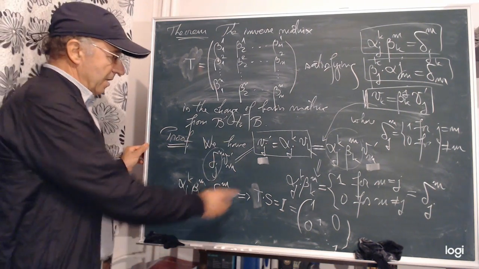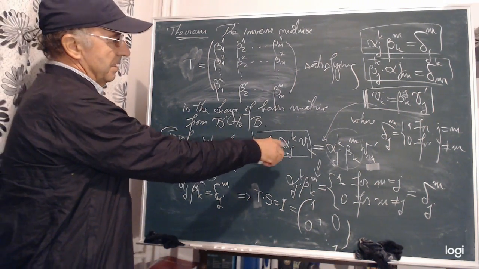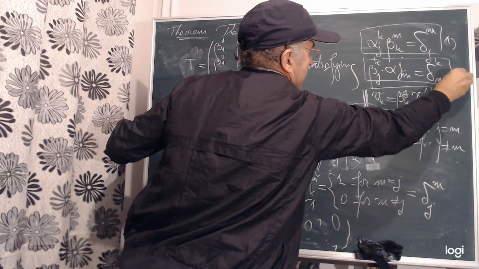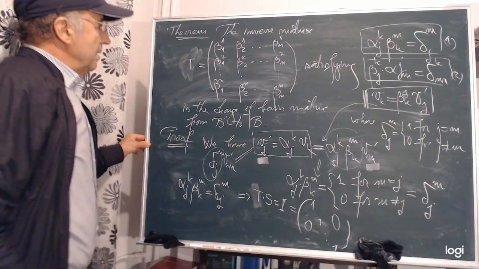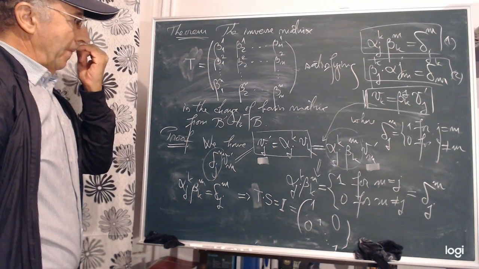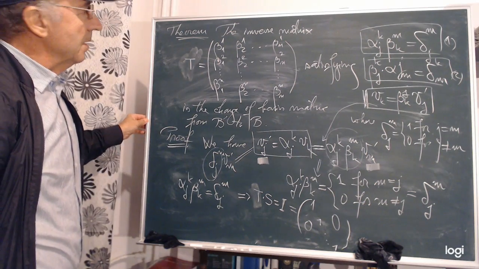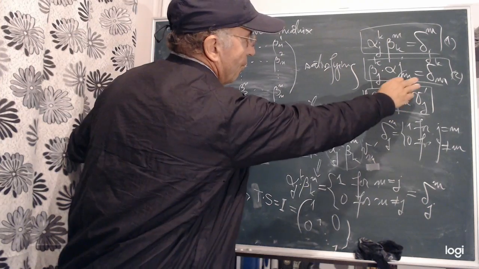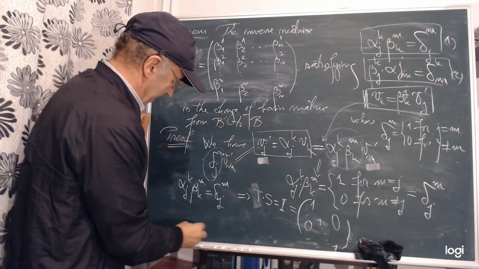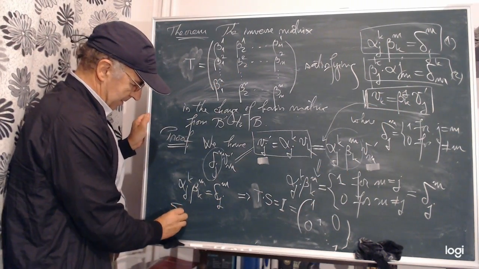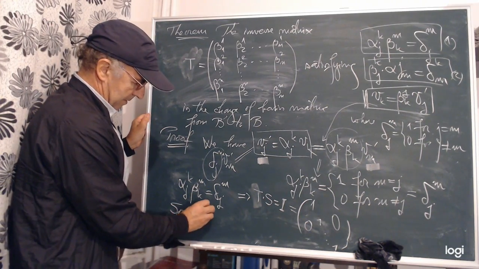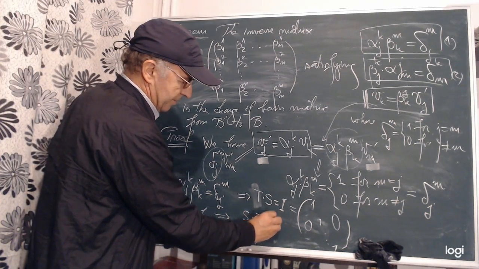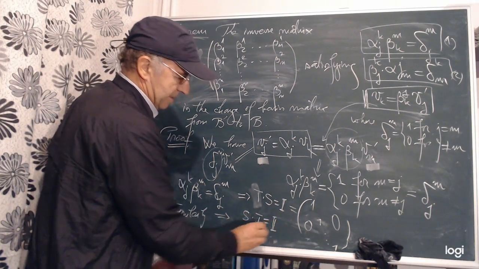Now, in a very similar way, we can prove the second relation, and we see that similarly S times T is also the unit matrix.